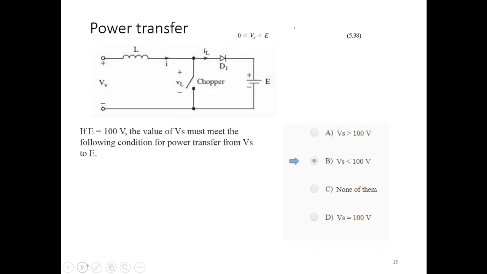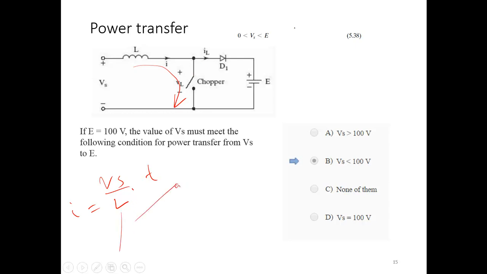The transfer of power. One of the important things to know is that one could transfer power from a low voltage to a high voltage. For example, if you have this switch and you close it, if you turn on the switch, the current will flow. You got a battery there. This will be Vs times t over L, and the current will flow through this one. Now, when the current rises, you decide when you want to stop it.